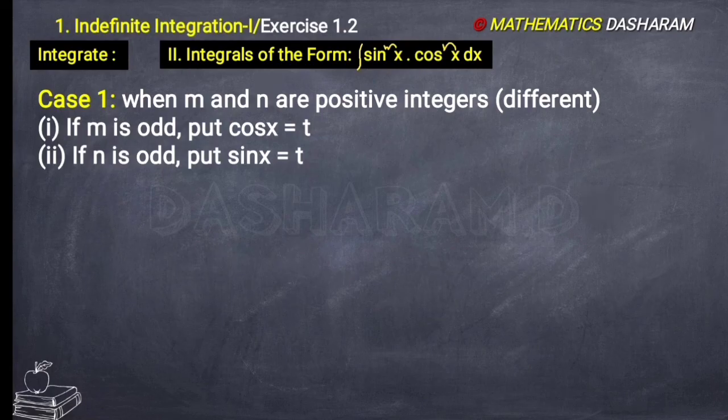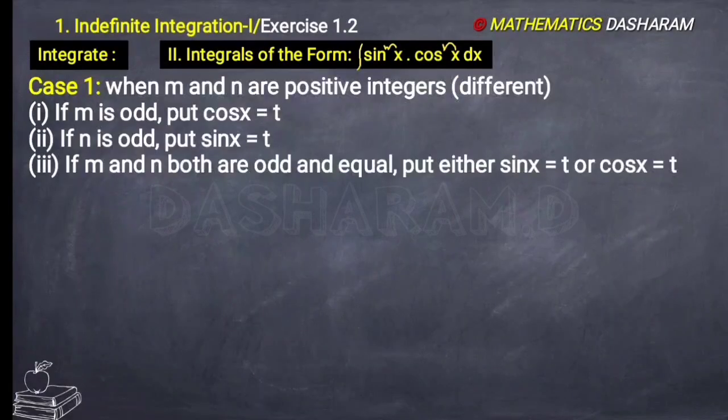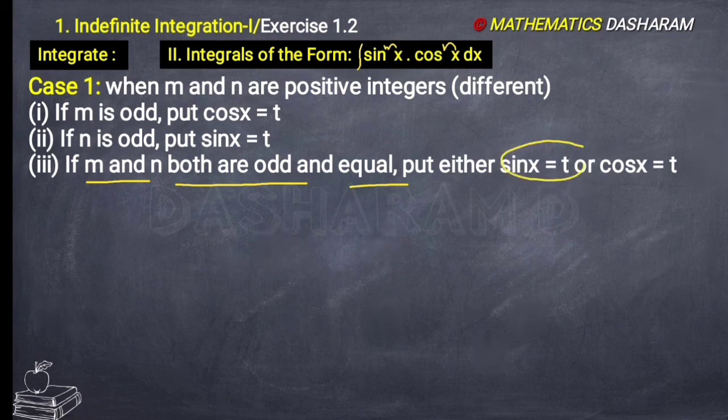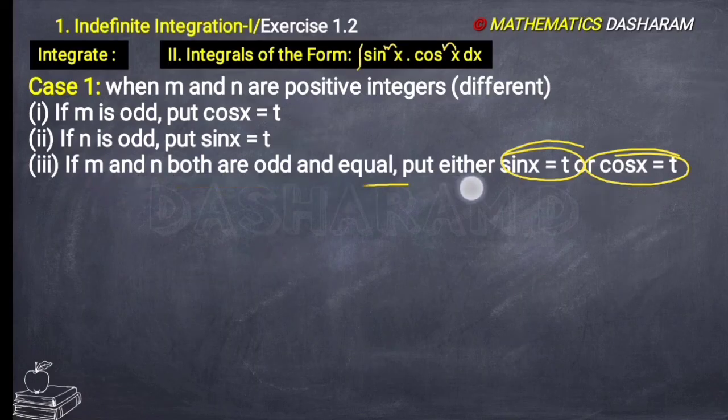So when should we follow this? When m and n both are positive integers, that too different integers. The third point: if m and n both are odd and equal, in that case put either sin x equals t or cos x equals t, that is your wish, and after that you can continue the answer.